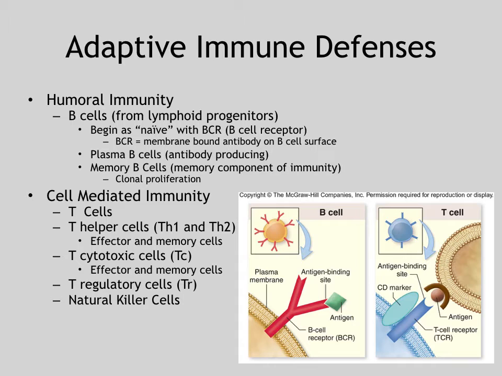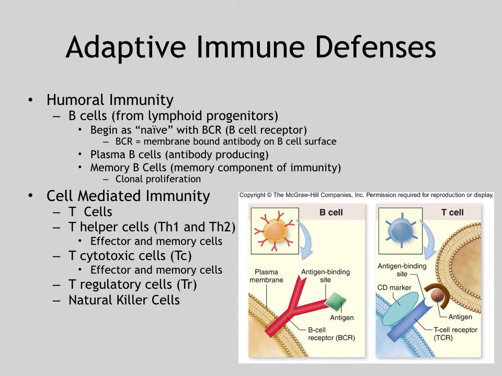Then we have the T cells. T cells will subdivide into either cytotoxic T cells or T helper cells, the T helper cells being Th1s and Th2s. Those are known as our CD4 T lymphocytes. And then we have our cytotoxic T cells that are known as our CD8 T lymphocytes.